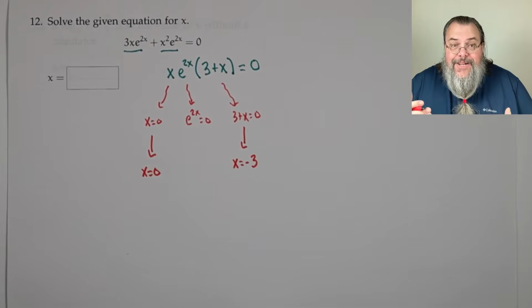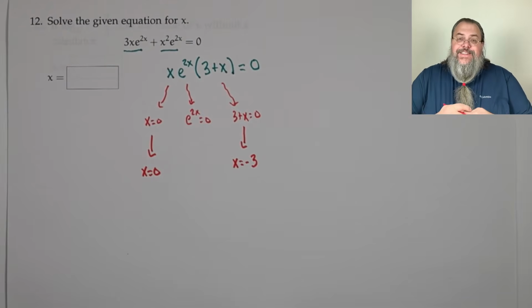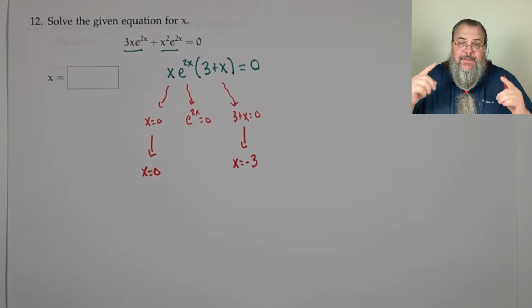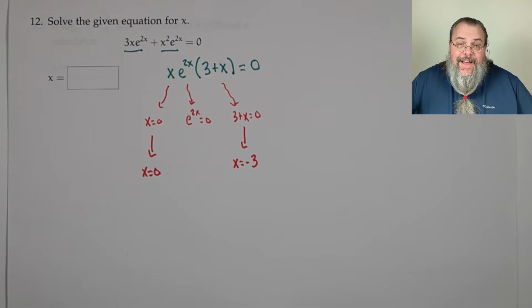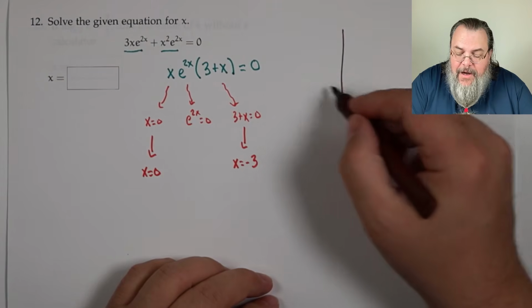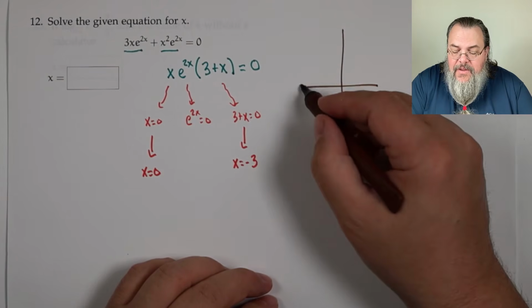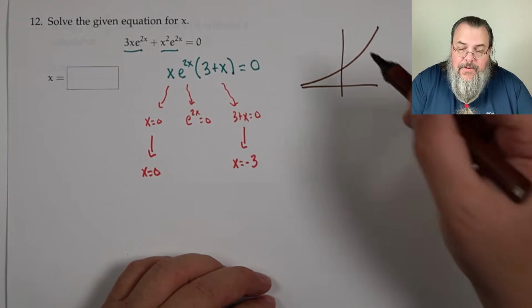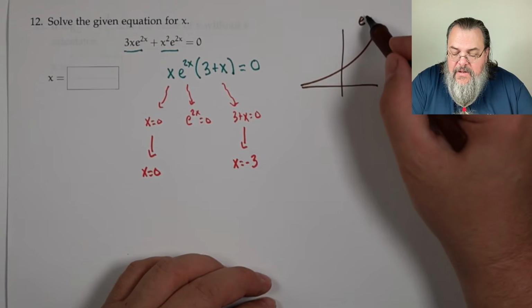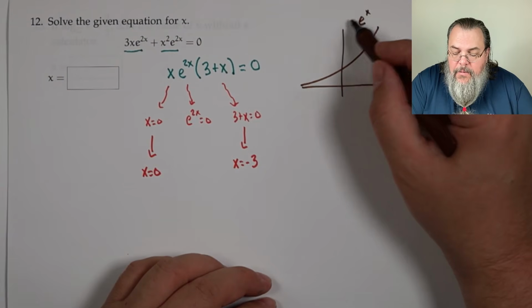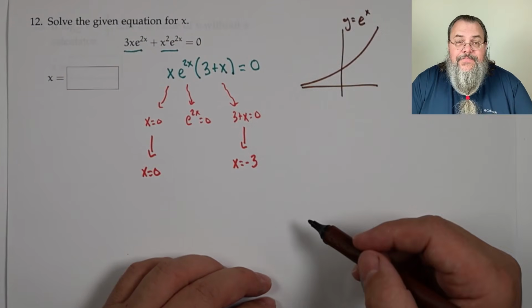What about e to the 2x? So this requires us to remember something about exponential functions. Exponential functions are wonderful functions. I like to think of them as being somewhat optimistic, because if you think about e to the x, which roughly is a similar graph to e to the 2x, what do you see about this function?